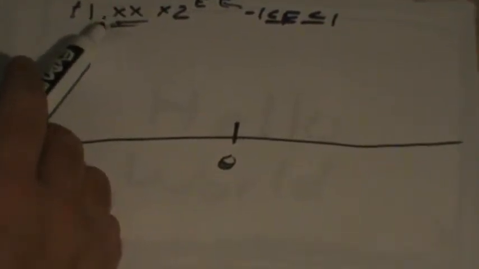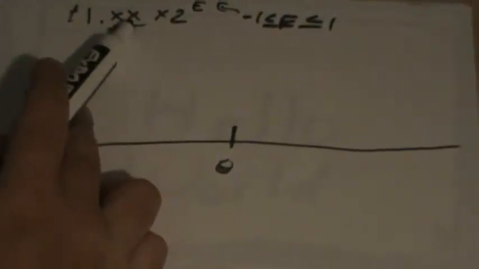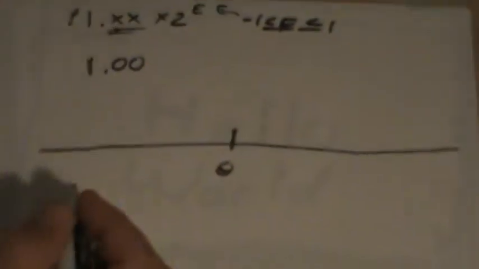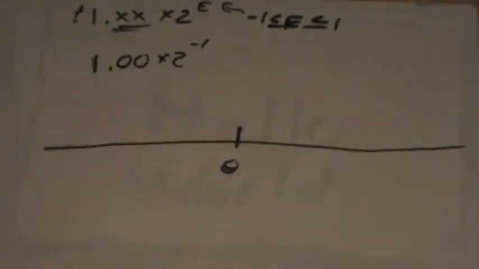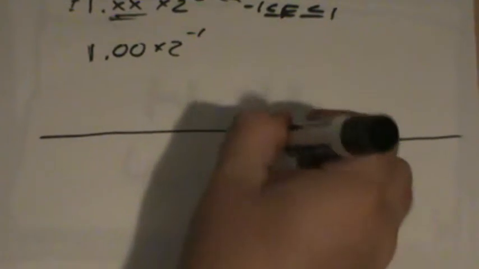Let's say that I wanted to deal with the smallest I could do with my normalized numbers. Well, the smallest I can ever have is xx is 0. So it's got to look like 1.00 something. And as small as I can get on the exponent is to put 2 to the -1. 2 to the -1 is a half, so my smallest number is therefore 1/2.